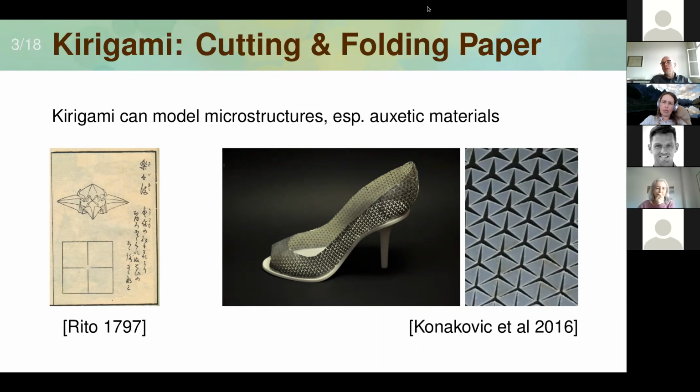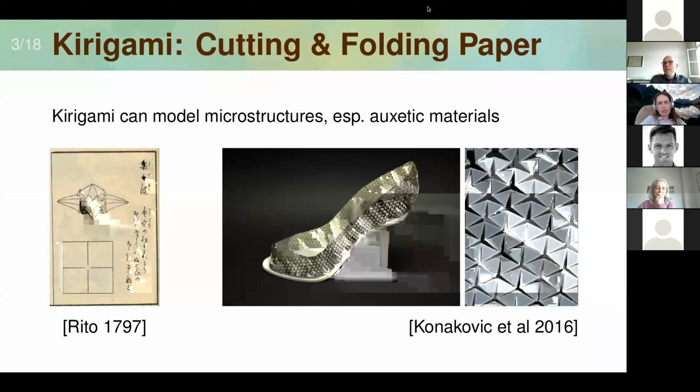They are called auxetic materials, and they also occur naturally, but this is a special property of a material, and this expansion is caused by some nanostructure that is a little bit similar to these small structures that are cut into the paper here.